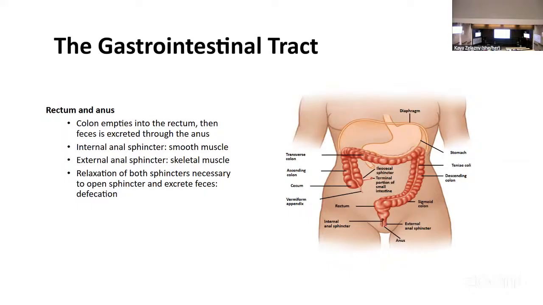Smooth muscle doesn't have somatic innervation. You don't control it with your brain, but you do control the external anal sphincter. So the external anal sphincter is the one that you can actively, deliberately, voluntarily control because it's made of skeletal muscle. Okay. So in order for our waste to come out, both of those need to open up, both that internal involuntary one and that external voluntary one for defecation to happen.